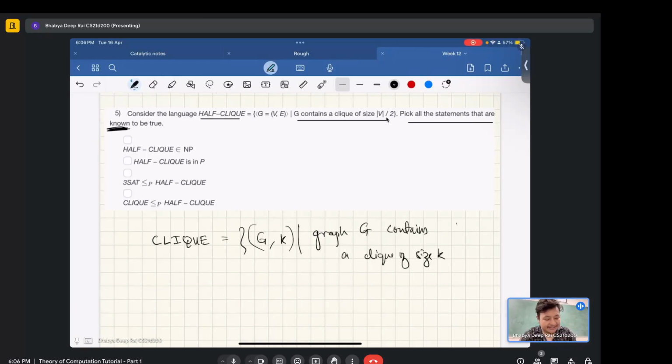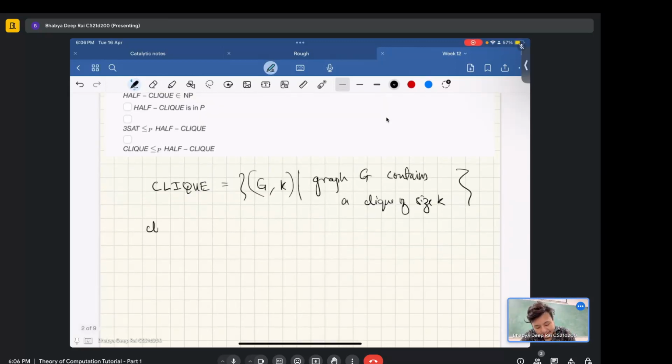What does size mean? Size means the number of vertices in the particular subgraph. So what is the click? Click can be summed up as a subgraph which is complete.